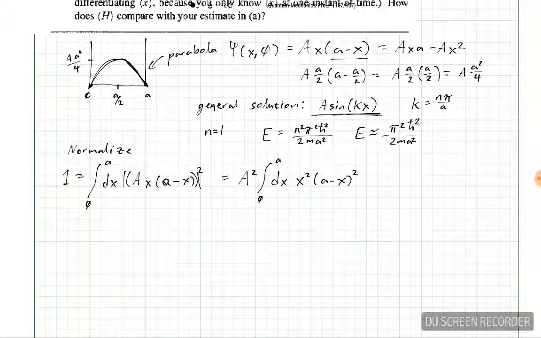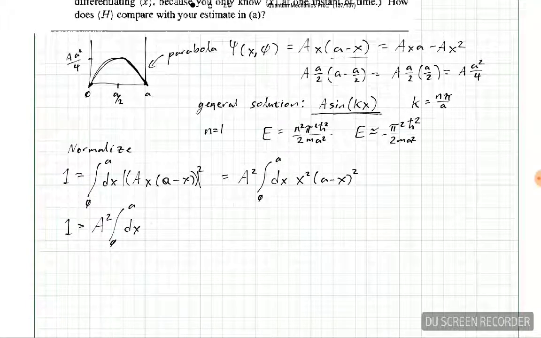We can go ahead and FOIL out that guy. So we have a squared from 0 to little a, and then I have x squared. We're going to FOIL this guy, so I get a squared minus 2ax plus x squared. And then of course you can parse that out. So these all become 3 very easy integrals.